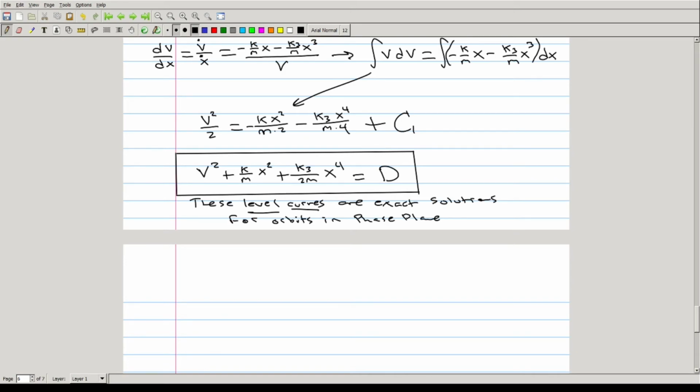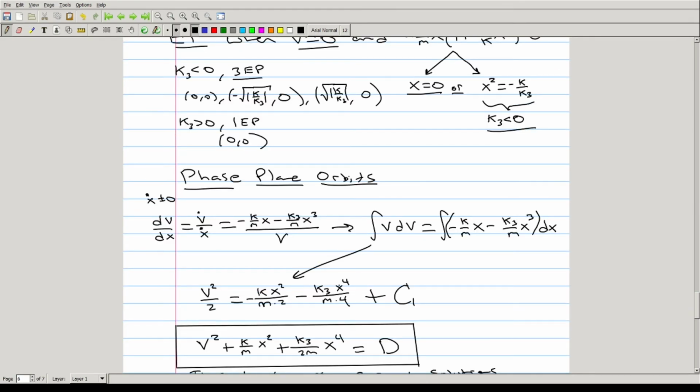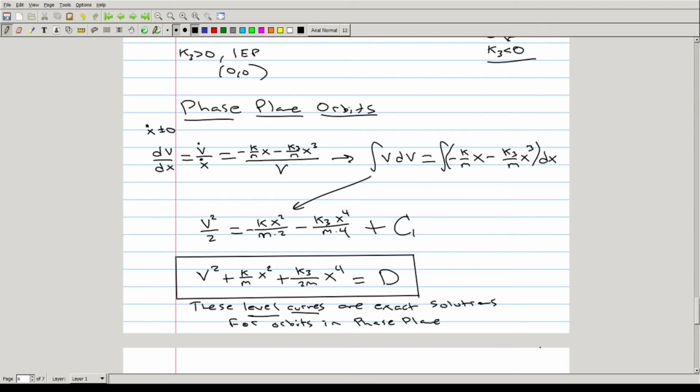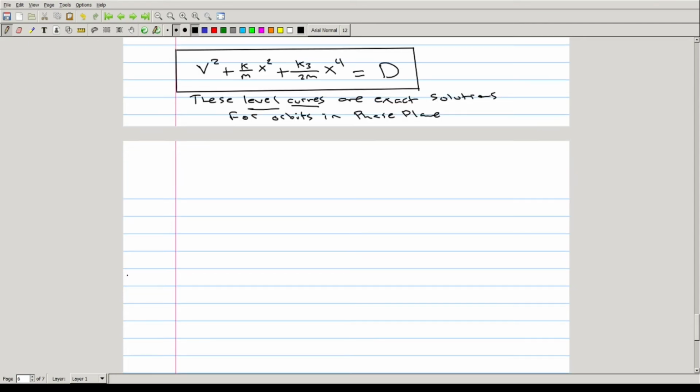Now, I want to emphasize here that we have two bifurcations for k3, two possible values for k3, and each of these possible values represent different things physically. The first possibility, or the first bifurcation for k3, is that of what's called a soft spring. This is k3 less than 0, or negative.